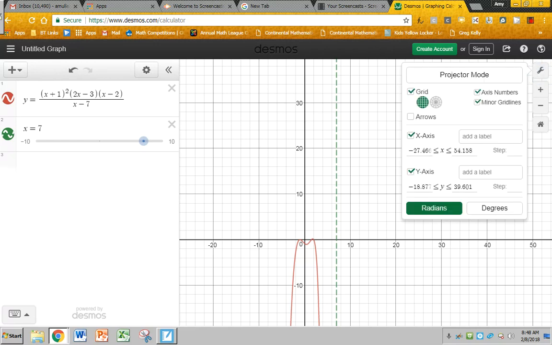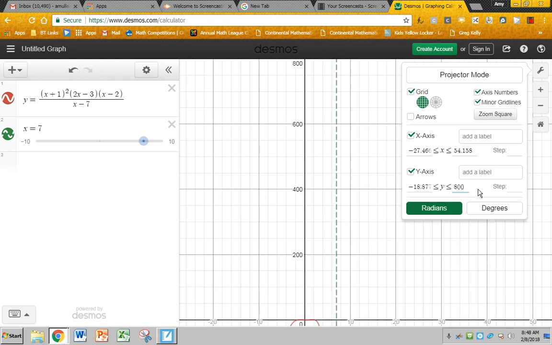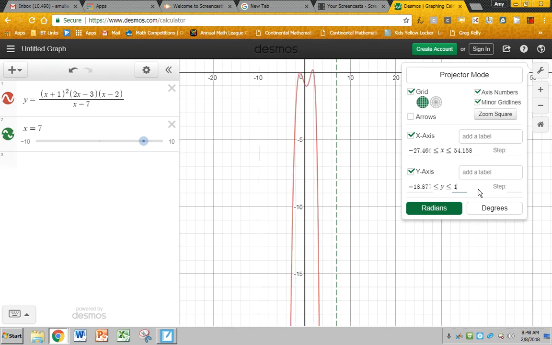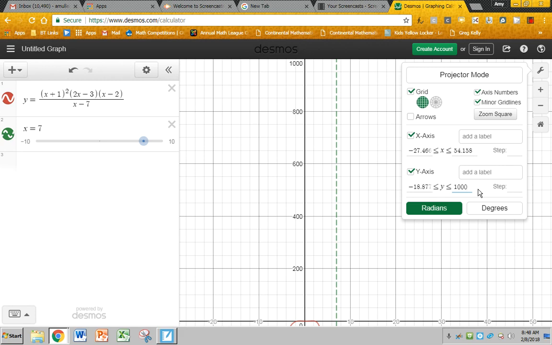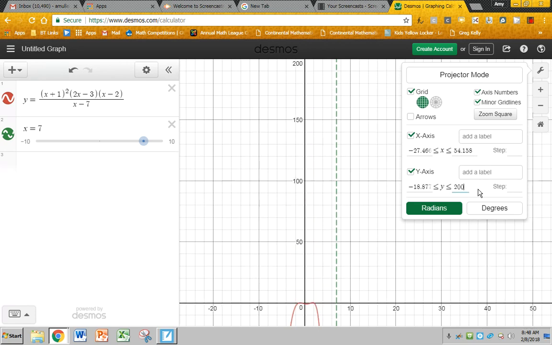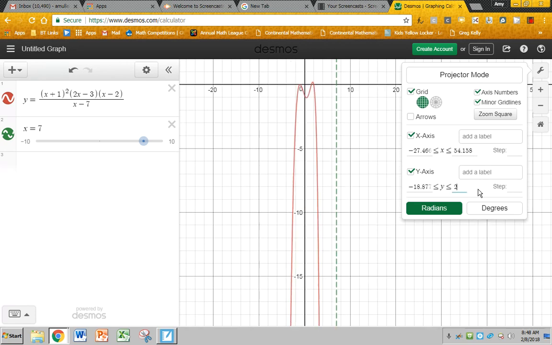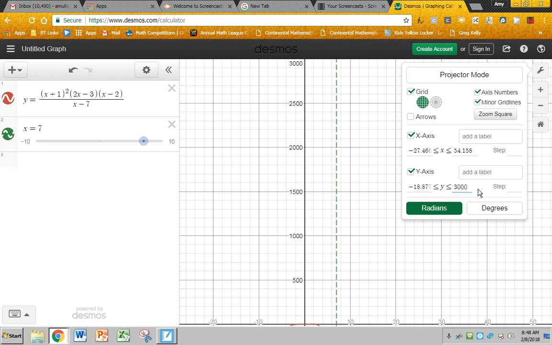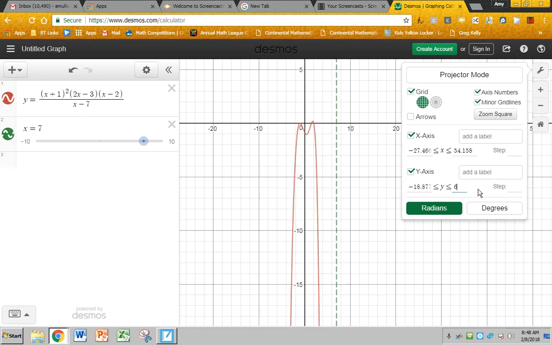Let's make this y-axis up here like 800. 1,000. 2,000. 6,000?